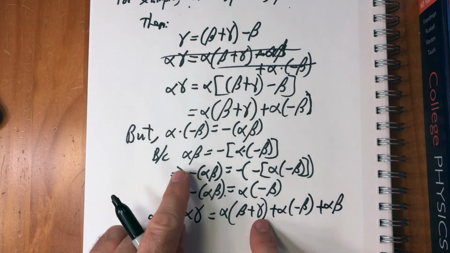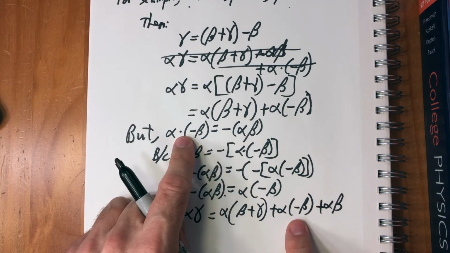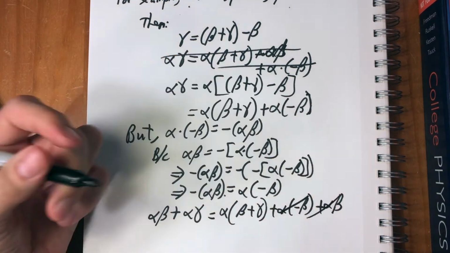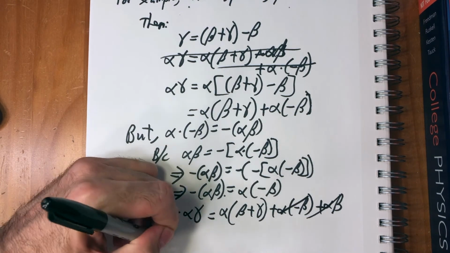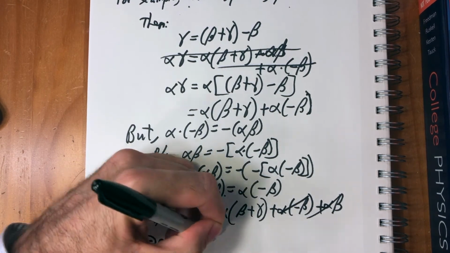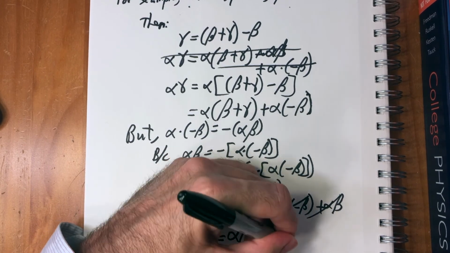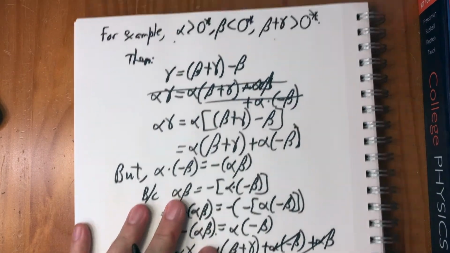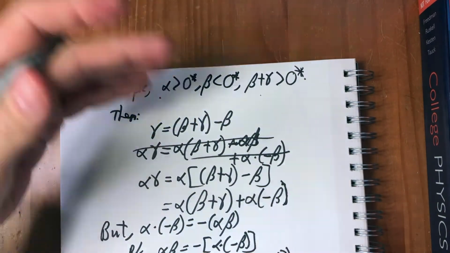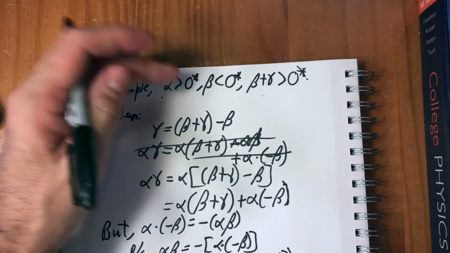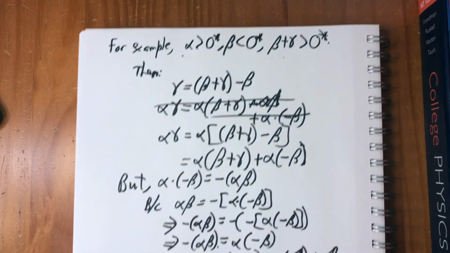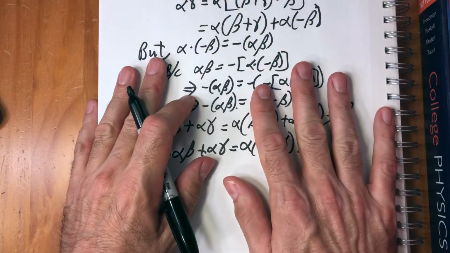We just showed that alpha beta is the inverse of this, so these two cancel, and we're left with alpha beta plus alpha gamma equals alpha times beta plus gamma. Okay, so that shows it for these conditions, and then you can just do the same thing going through for all the different minuses. I'm not going to do the rest of them. That's it. We're done with multiplication now.